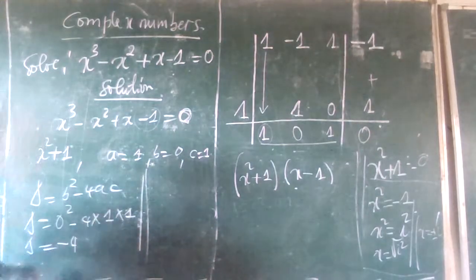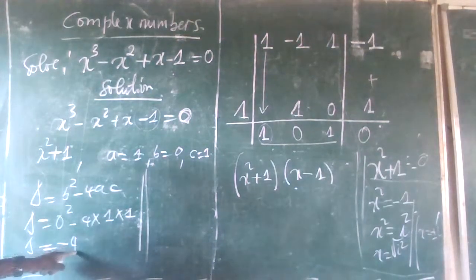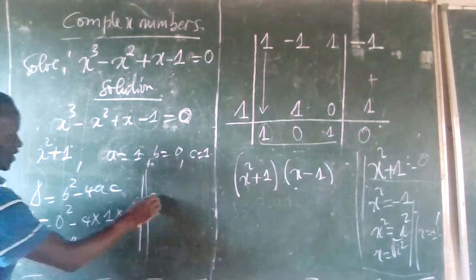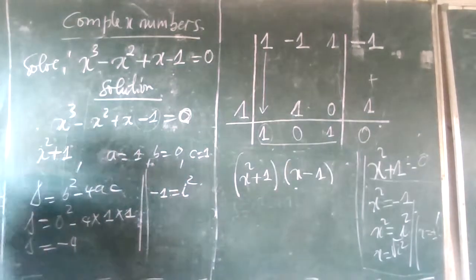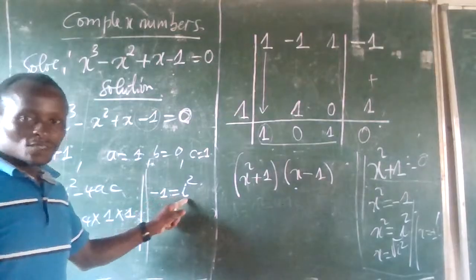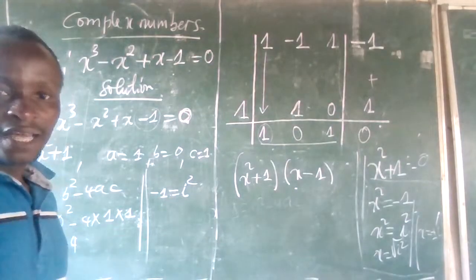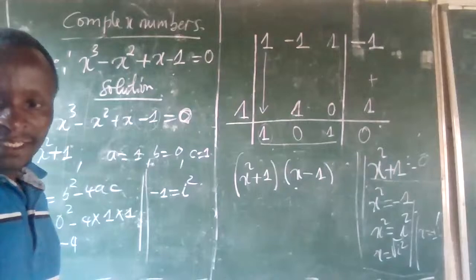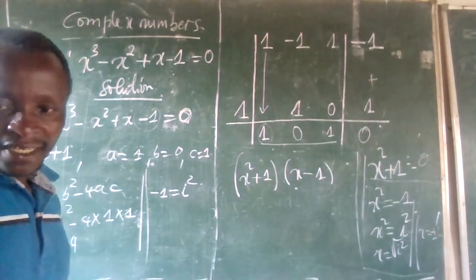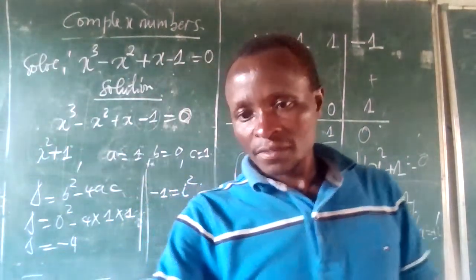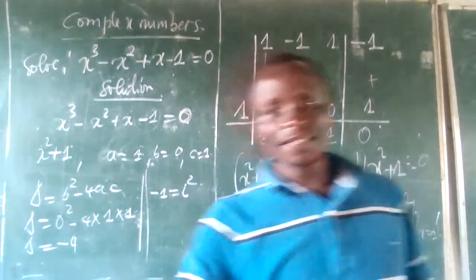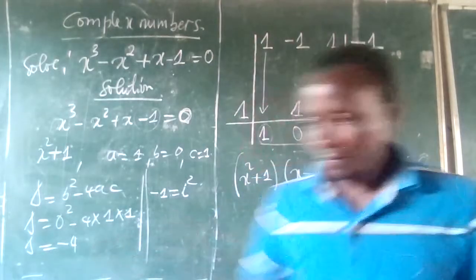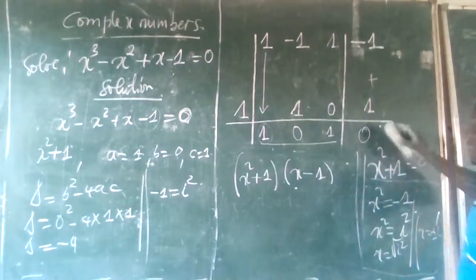Now, remember, here we have minus 1 times 4, where minus 1 is equal to i squared. In the place of this, I want to put this one, right? Now we are going to see how is the delta.